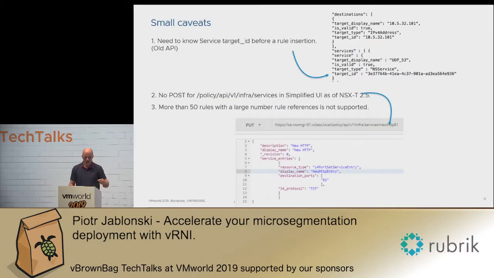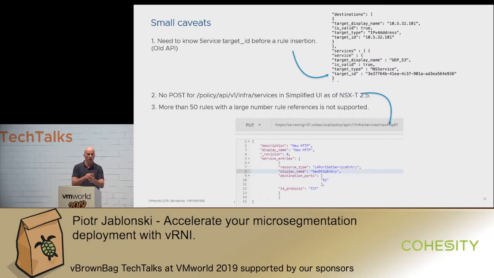There is another caveat with the old API, which demands a target ID for a service, a shared service like UDP port 53. You should use at least three API calls.